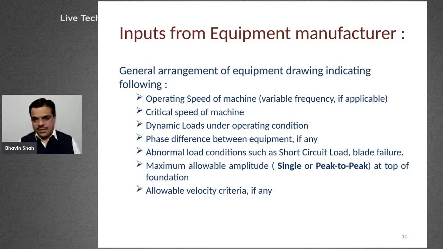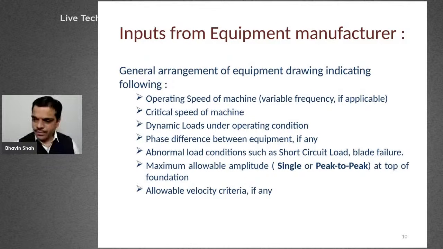So based on that, the equivalent static load is identified for the blade failure condition. Similarly, the short circuit load case is again a temporary case. So for this short circuit load case also, the equivalent static load is identified in the drawings.